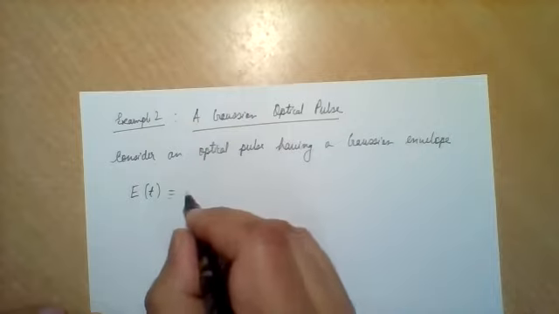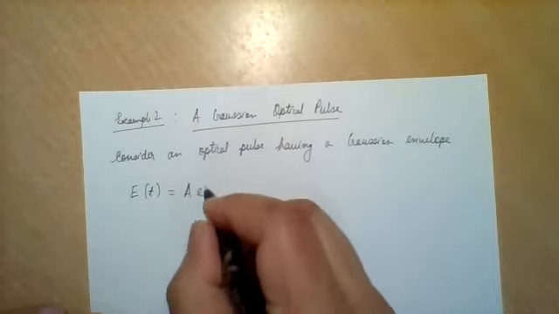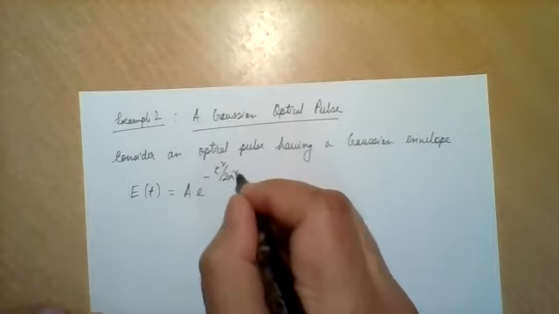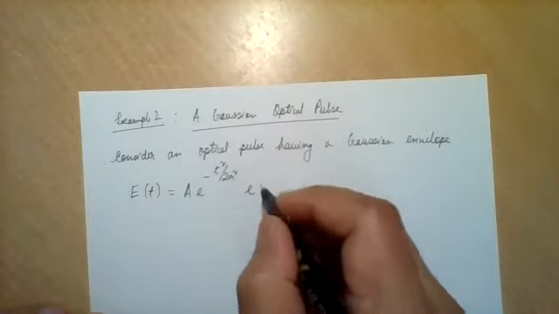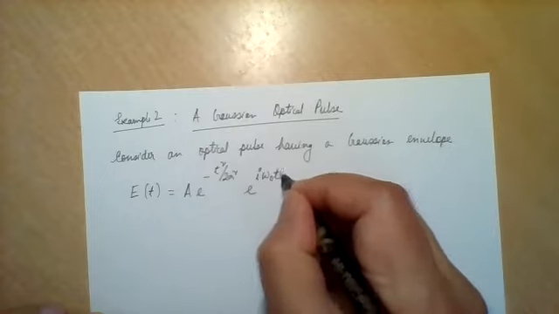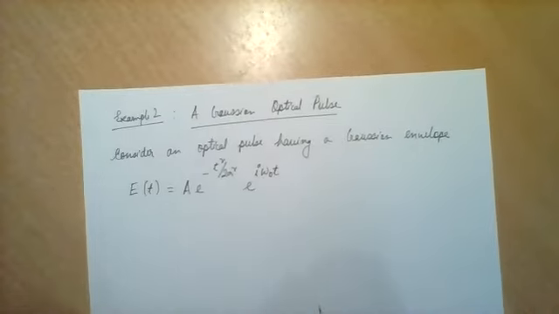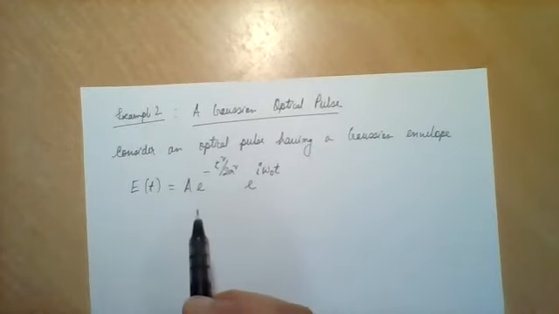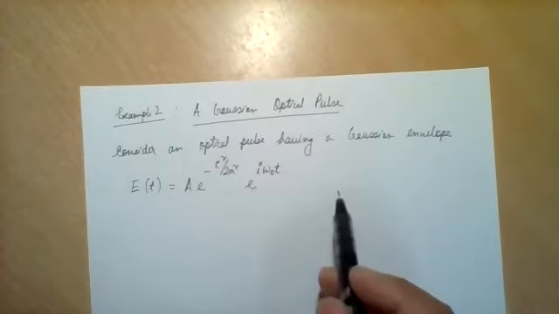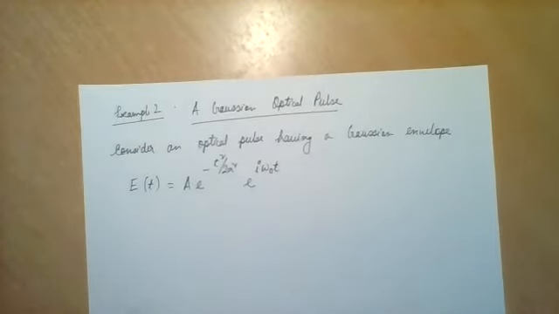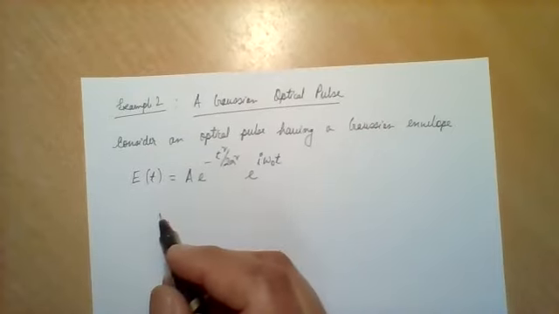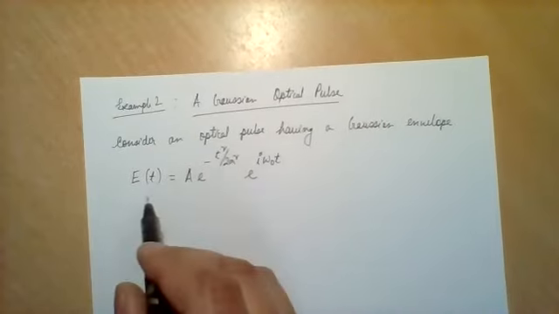E of t equals A e to the power minus t square by twice sigma square, e to the power i omega naught t. So this is an optical pulse having a Gaussian envelope given by this function. What does this represent?